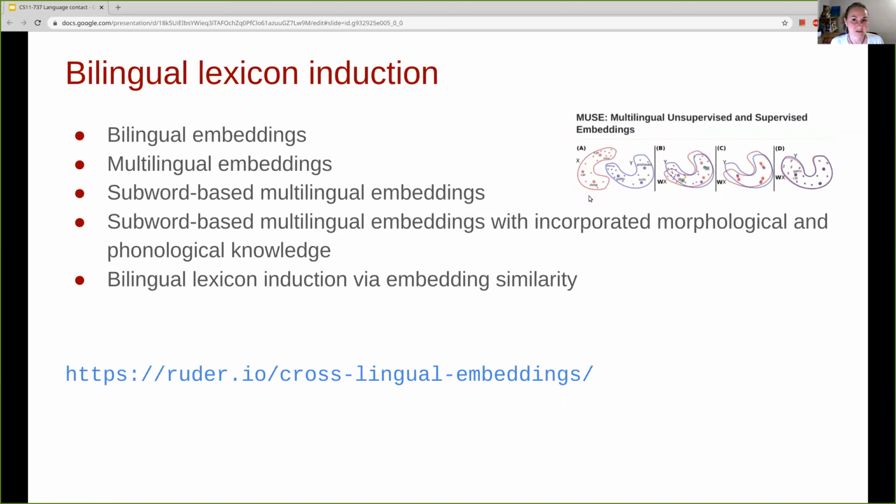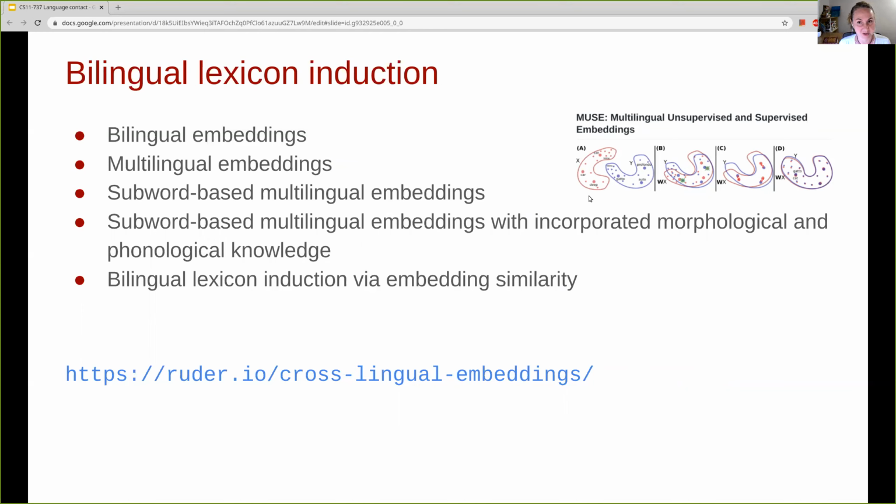Finally, I want to mention that there is a large space of related research on multilingual word embeddings learned monolingually and then projected into a common space using techniques like canonical correlation analysis, or multilingual embeddings learned jointly, or word embeddings that incorporate morphological and phonological knowledge, and so on.